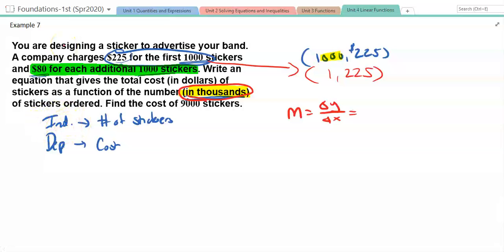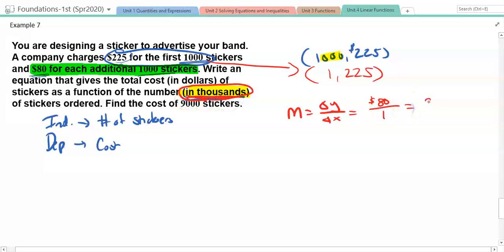Our dependent is the cost, so it's going to be the $80 divided by the 1,000 stickers. But remember that our x is already in thousands, so I'm only dividing by 1, not 1,000 here. And so my slope is just the $80, because $80 divided by 1.